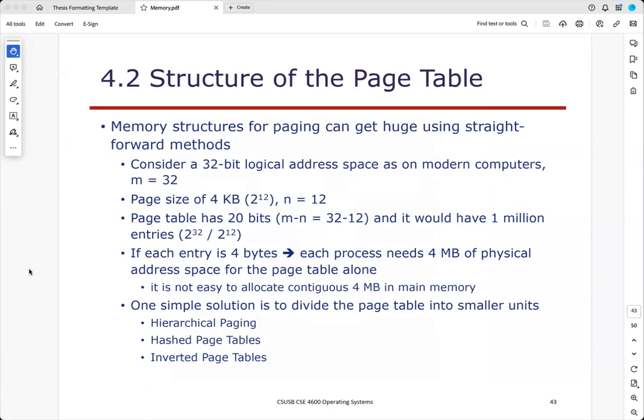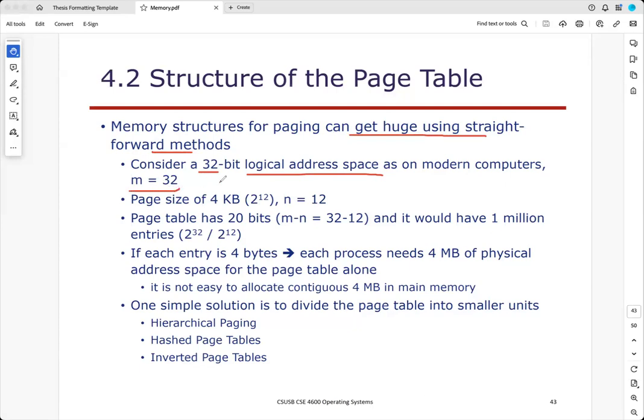And now the structure of the page table. The memory structure of paging can get huge using a straightforward method. Now consider we have a logical address space where the logical address has 32 bits, that means m equal to 32.